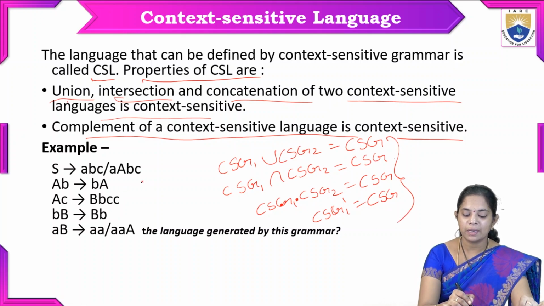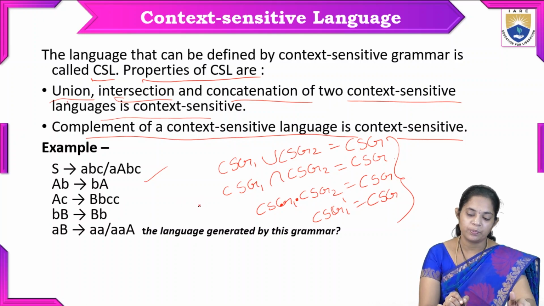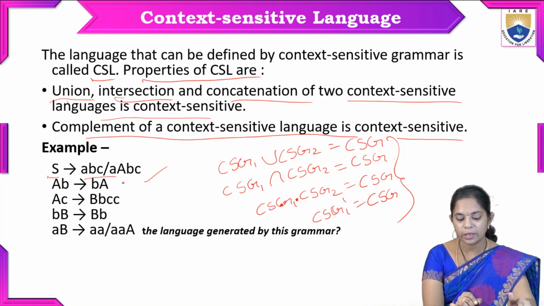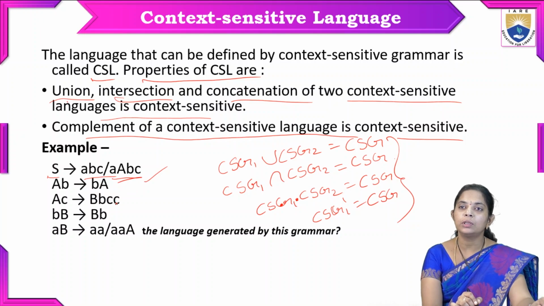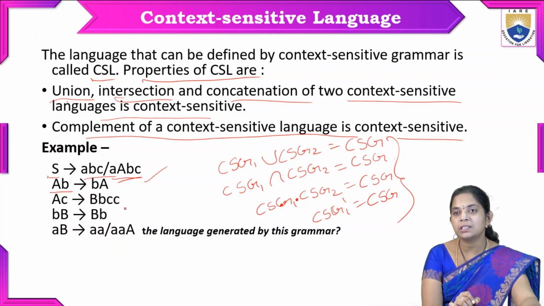And here is the example. We consider the length of the left hand side and right hand side of every production. So S tends to ABC, where the right side is either a terminal or a combination of terminals and non-terminals. If you observe, the length of the left hand side of every production is less than or equal to the right hand side.